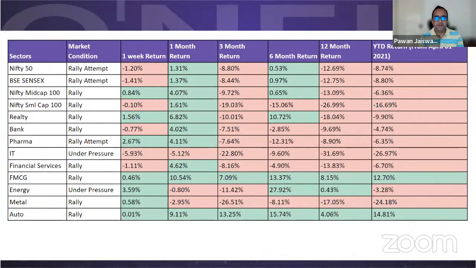We will discuss further. But before this, this is the overall performance of 1 month, 3 months, 6 months, and 12 months. If you see from the 12-month time frame, IT, financials, and metal are the underperformers in the overall market.